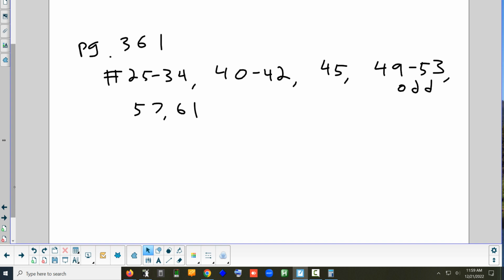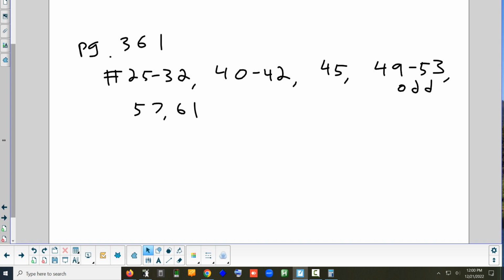I need to change just a couple problems. So 25 to 34, that's okay. Mr. Hager, 33 and 34, we can make the inverse of secant, so we'll just skip those two for now.